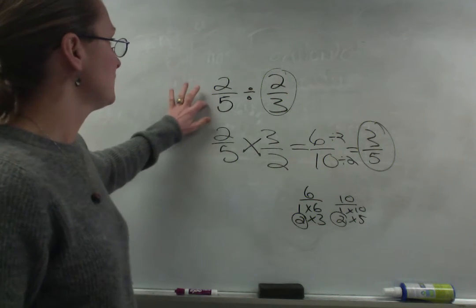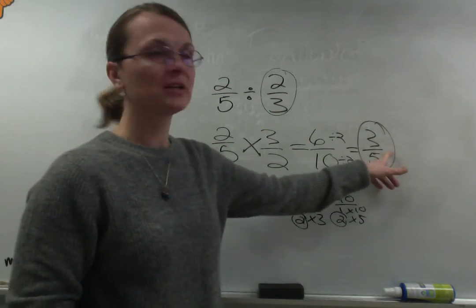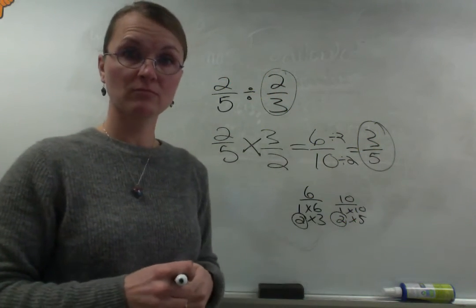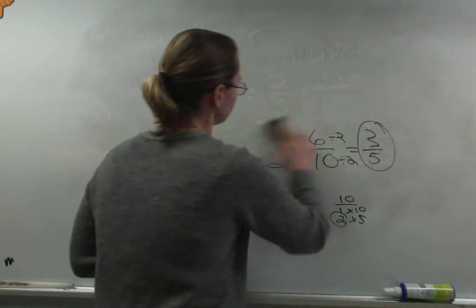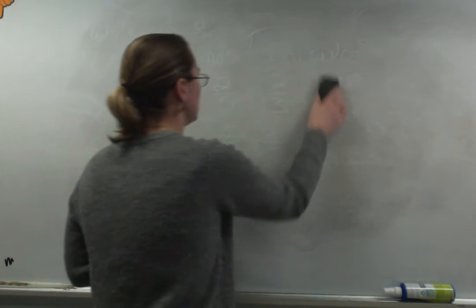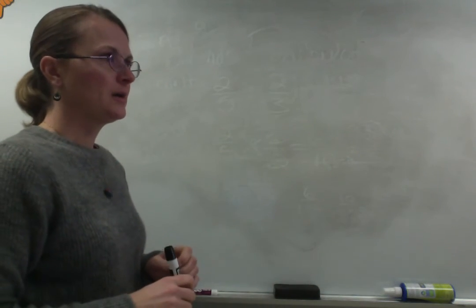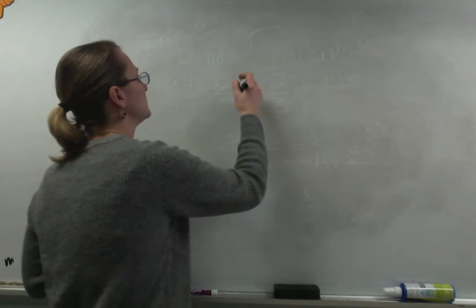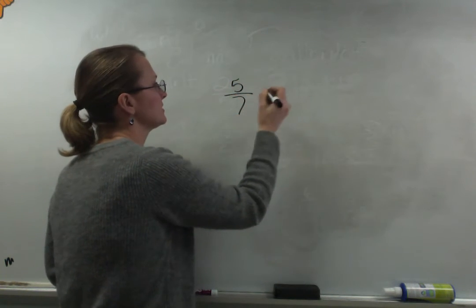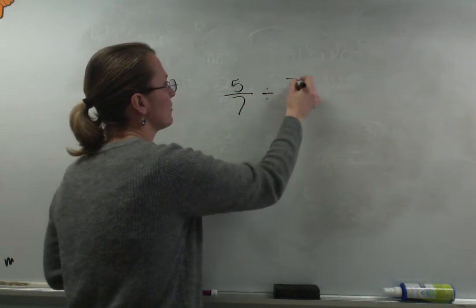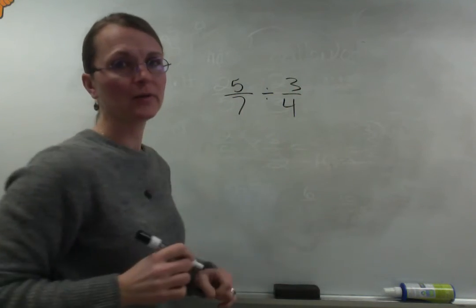So that means that 2/5 divided by 2/3 is going to give you groups of 3/5. Fair enough. All right, let's try one more. 5/7 divided by 3/4. Okay?